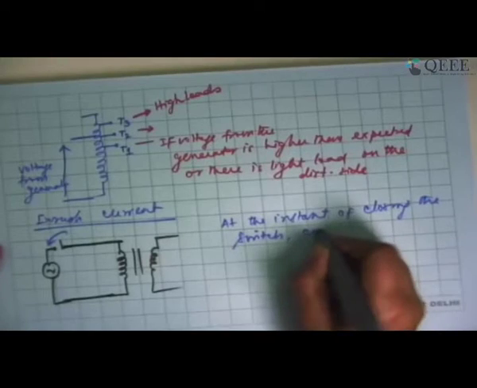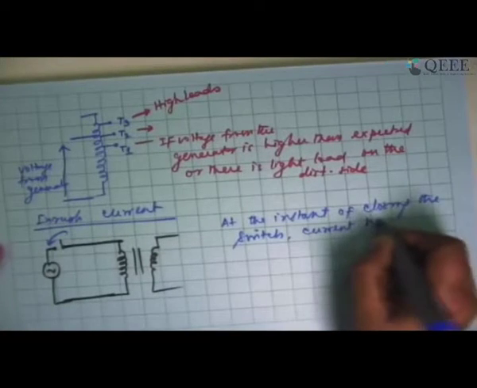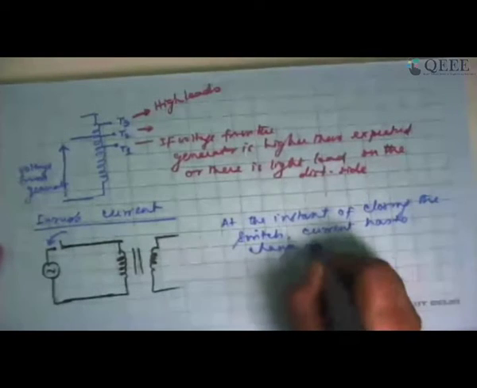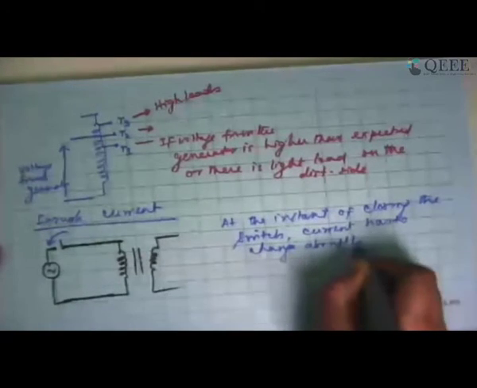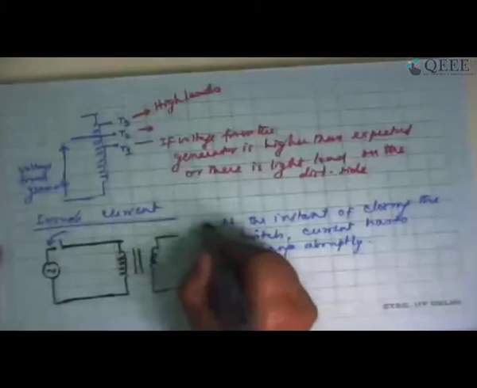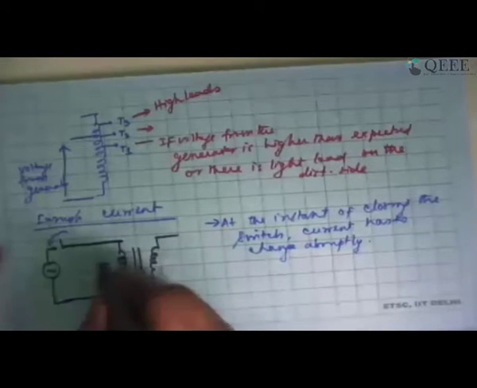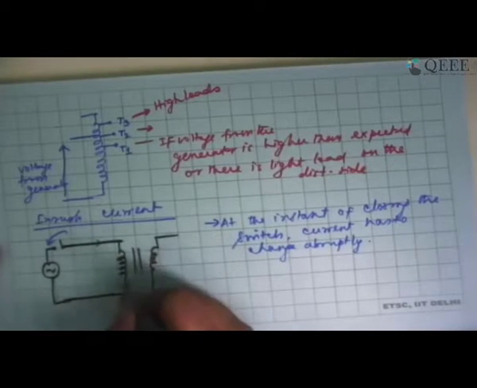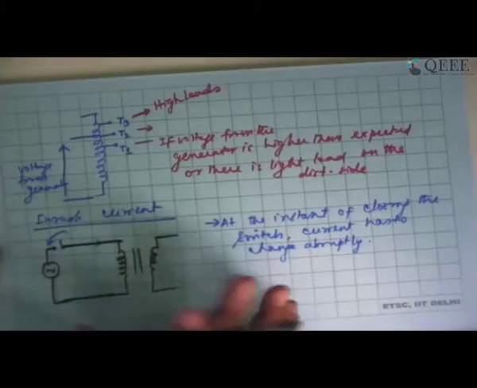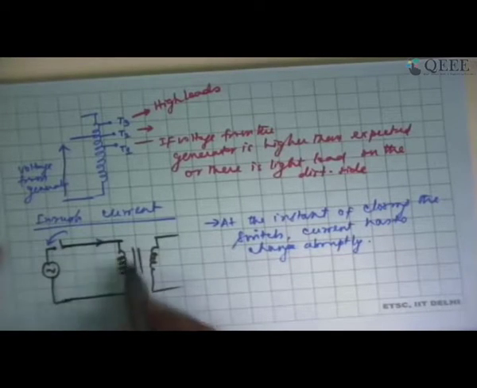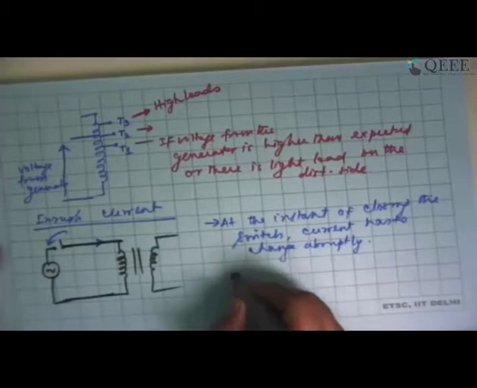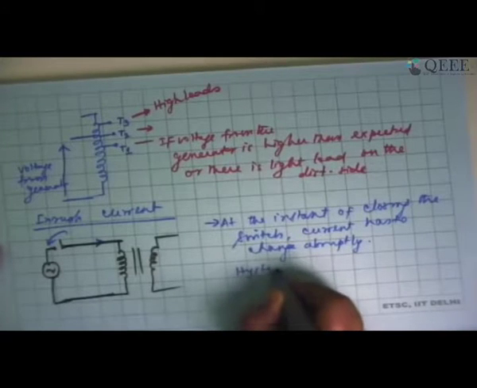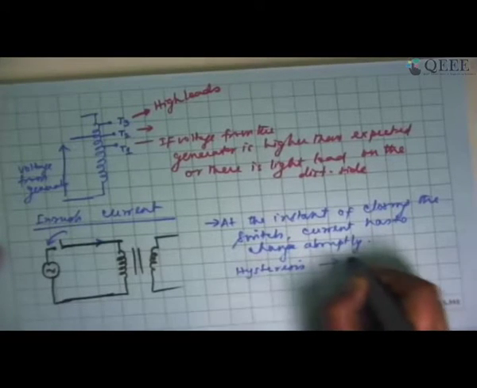So current has to change abruptly. But it is going to take a little while, first of all, because of the inductive circuit nature. And second, the current first has to flow and set up the flux. There is always a time lag between the current flowing and the setting up of the flux. That is what we call hysteresis. So flux lags behind the current.